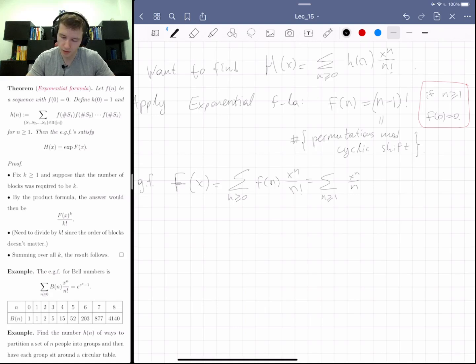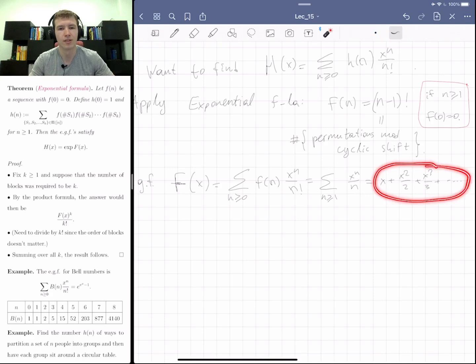So it's like x plus x squared over 2 plus x cubed over 3 plus etc. Can anybody recognize the corresponding Taylor series?